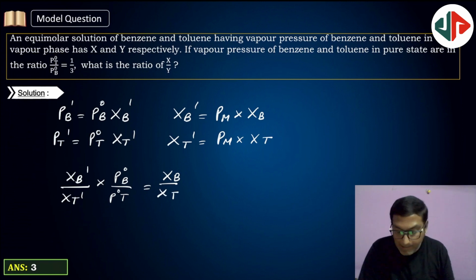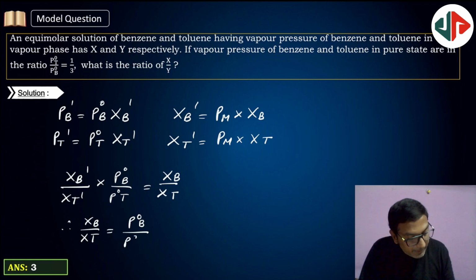So here it is given, XB by XT equal to P naught B by P naught T. So here P naught T by P naught B is given 1 by 3.